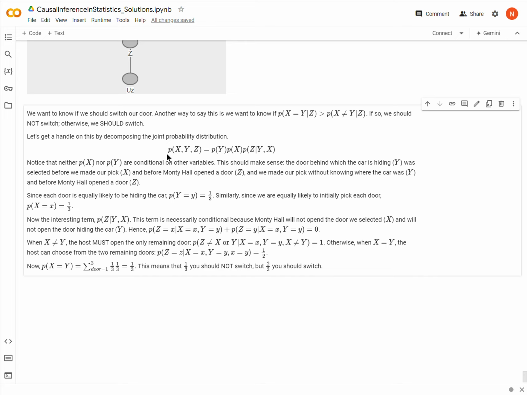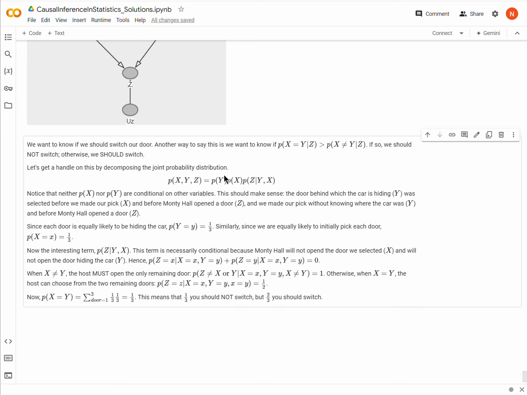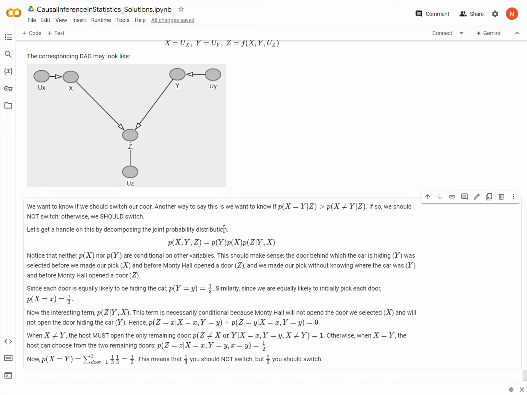So we're asking the question to give the joint probability distribution. Well, the joint probability distribution is this, but we can decompose this, and we should, into this right here. This decomposition reflects our causal model represented in this picture, right?